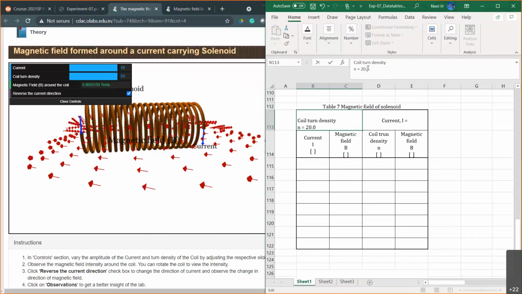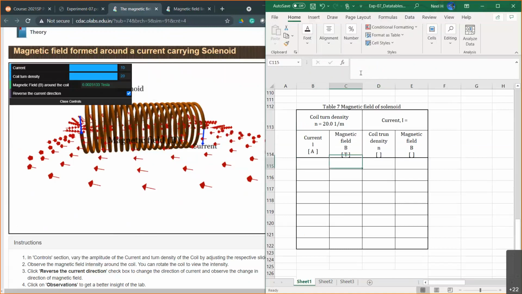Okay, 20.0. The unit should be 1 over meters because it's a large N over L, right? And then we'll change the current and try to detect the magnetic field as a function of current. Okay. Current is in units of amps, magnetic field in Tesla as usual.